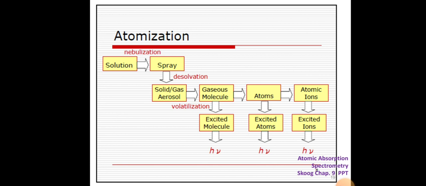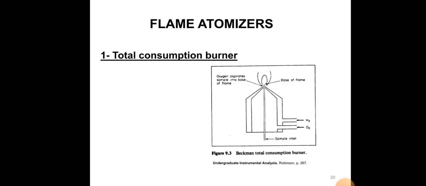Each of these gaseous molecules, atoms, and atomic ions can be excited at higher temperatures and emit light. So they can both emit or absorb the light.